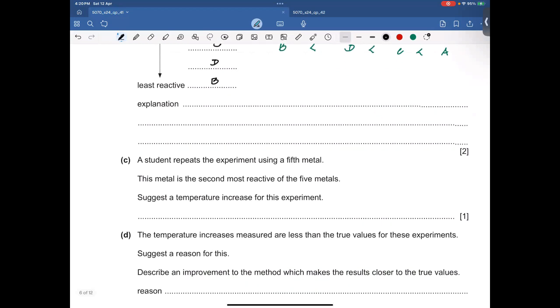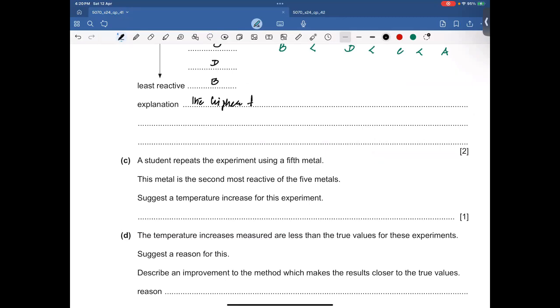Explanation: the higher the temperature change, the more reactive the metal is.